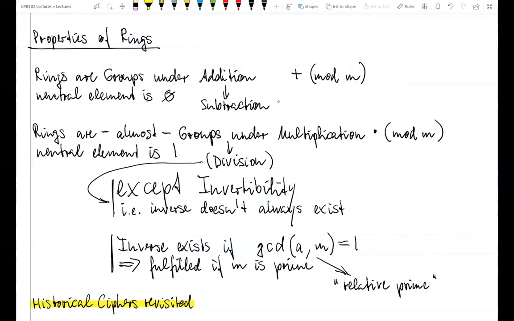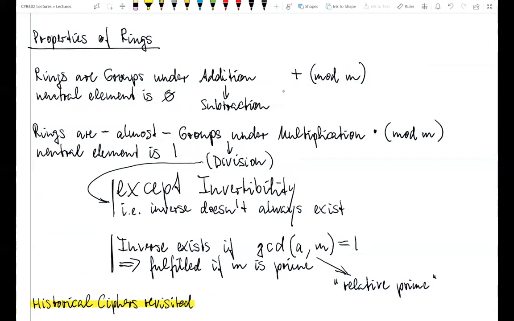And the idea of subtraction is the application of the inverse. So for any element of this finite group, we can get the inverse by just prepending a minus sign before that element.